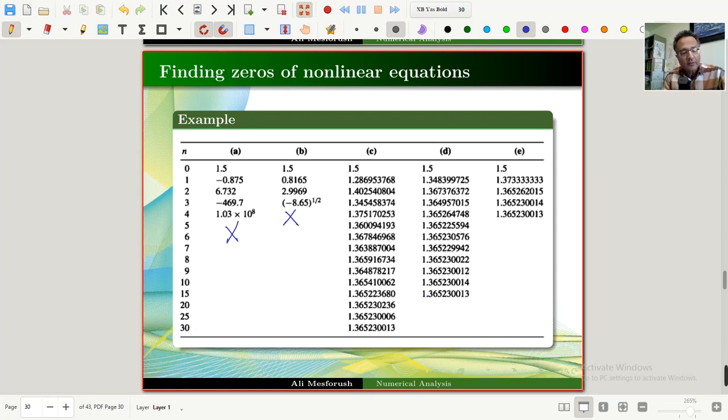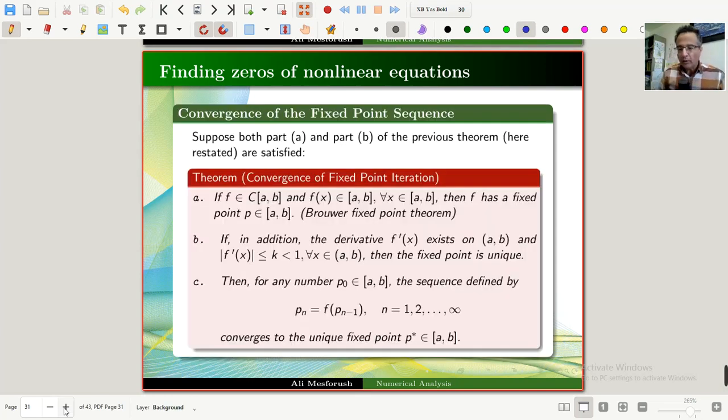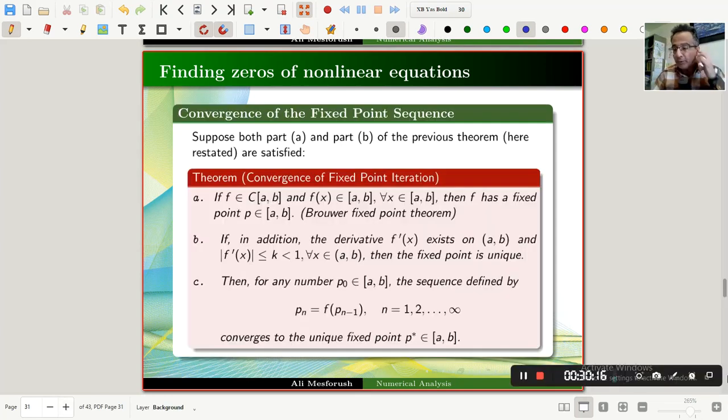For D after 15 iterations, and for E after just 4 iterations, we can get the fixed point and the root of the equation.